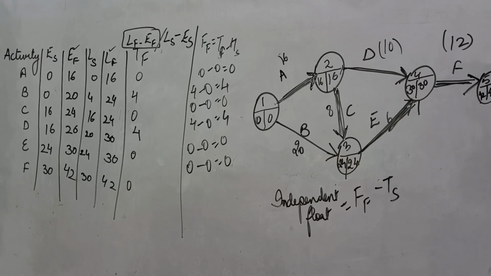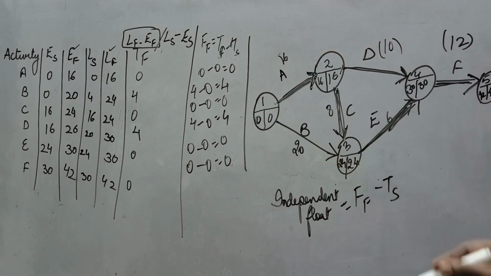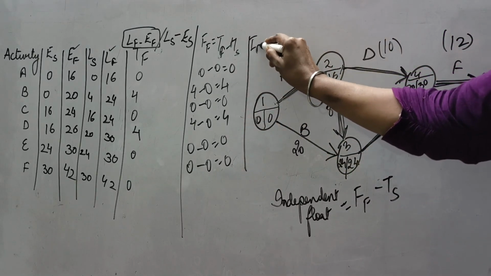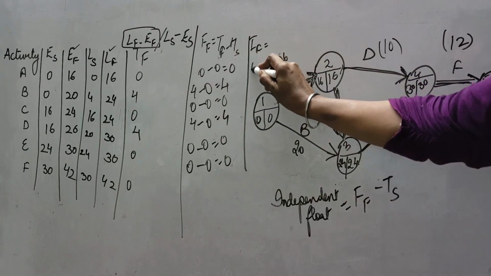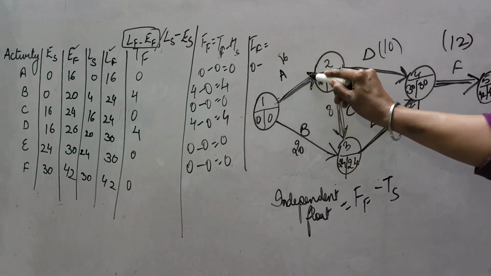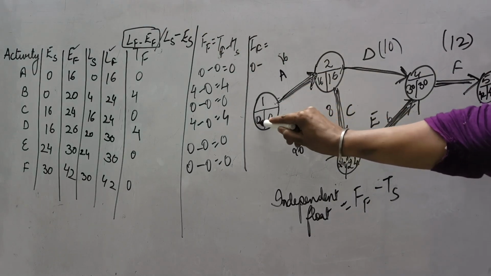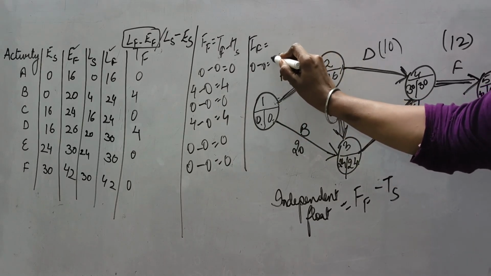Free float, this is the free float, so 0 minus tail slack. If we are calculating for A activity, this is the tail, and the difference between these two is called tail slack. So 0 minus 0, the first answer will be 0.